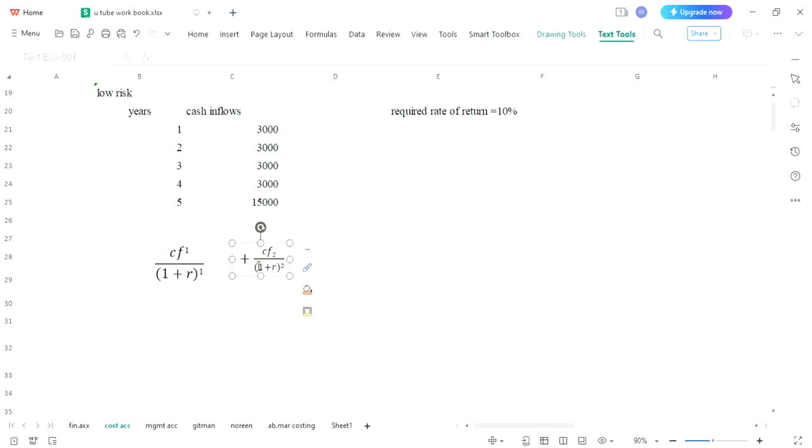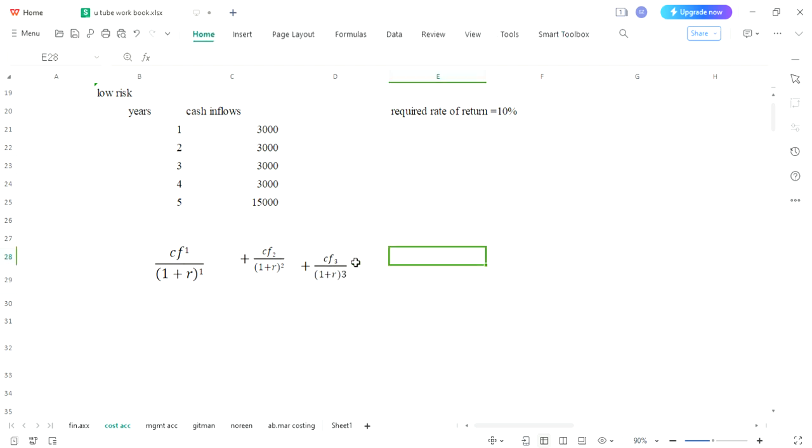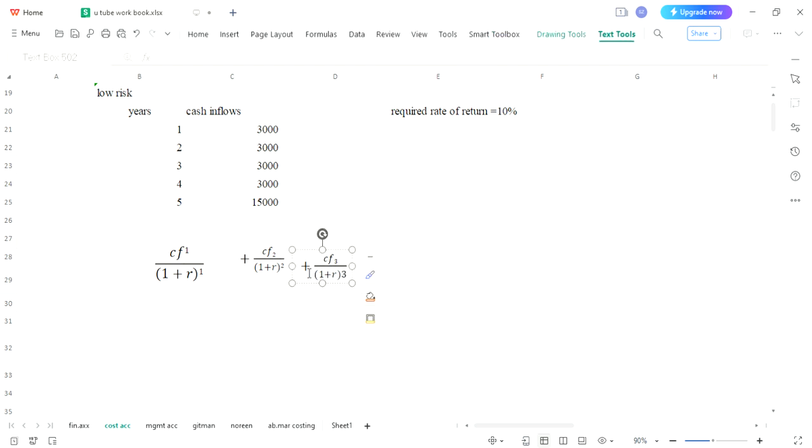Now beside this we will use next, and for this you will change it to 3 instead of 1 plus r raised to power n. We have 3 raised to 3, and we will see the next formula.